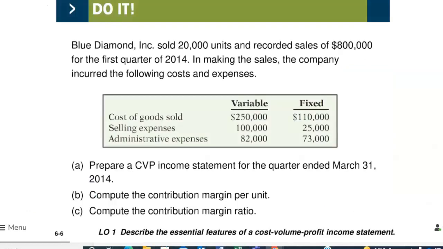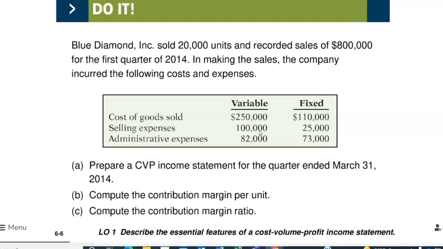Very good. All right, let's work through an example here. Blue Diamond Inc. sold 20,000 units and recorded sales of 800,000. Okay, so we know what the selling price is per unit. Making sales, the company incurred the following costs.